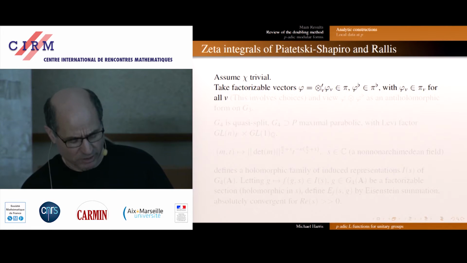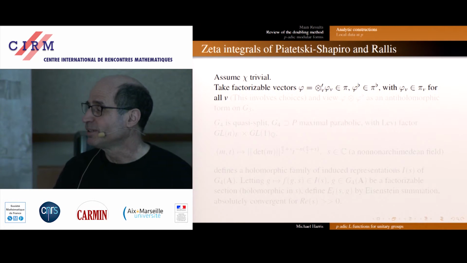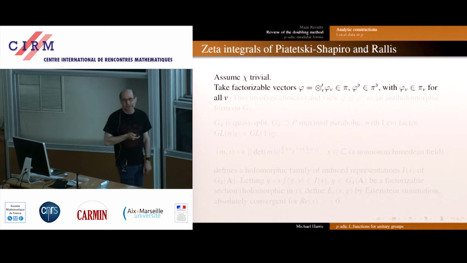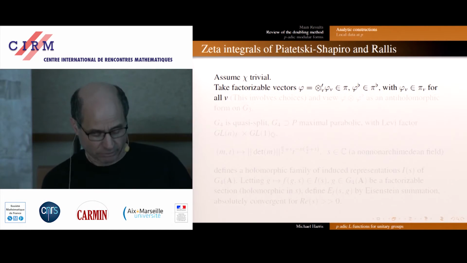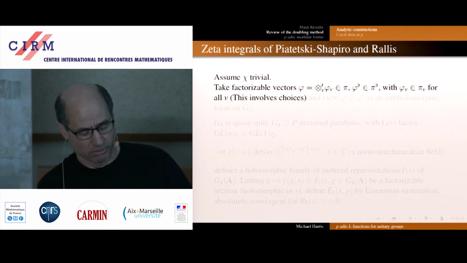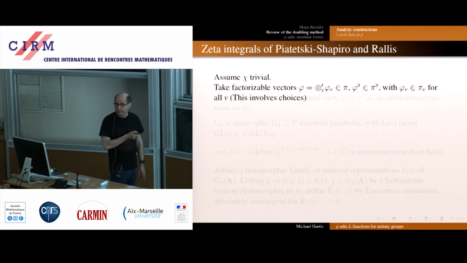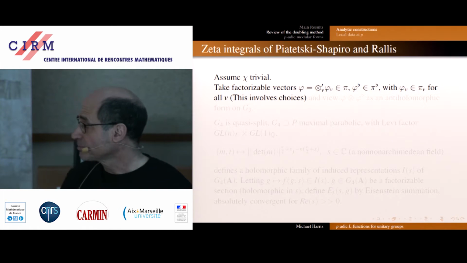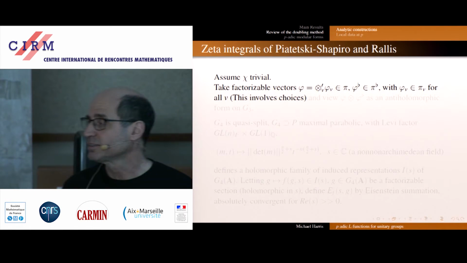So pi is our anti-holomorphic automorphic representation of G1. Pi flat is our anti-holomorphic automorphic representation of G2, and we take vectors that can be factored over the places, Archimedean and non-Archimedean. Okay, this all involves choices, but at almost all places you take the unramified spherical vector, and it's fine.